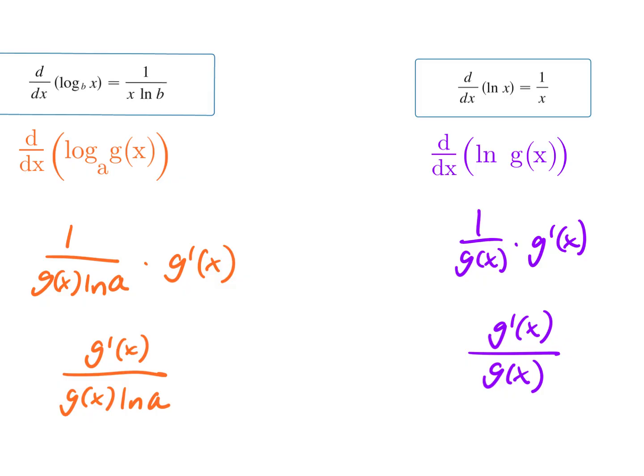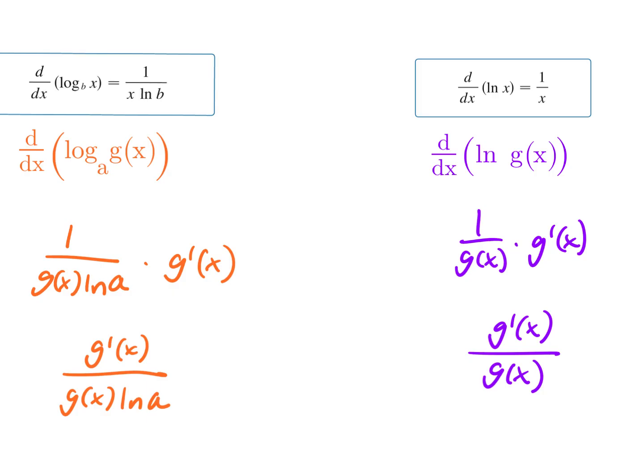The only difference between this problem, where I have just an x here or I have just an x here, is instead of having a function, I have this inside. So the inside function is the g of x, and that's why we have to have that additional derivative of g of x being multiplied by what we have for the outside function using the formula.